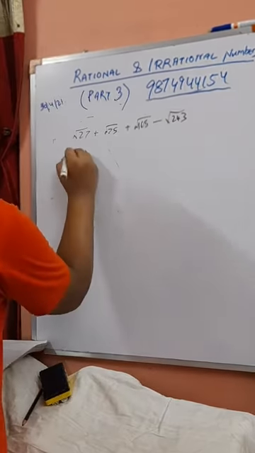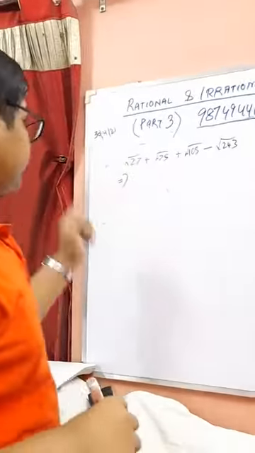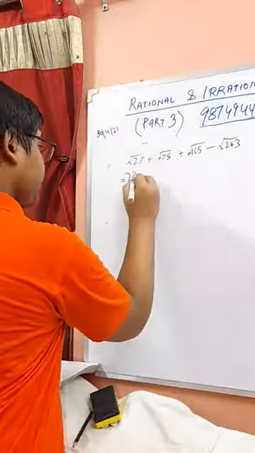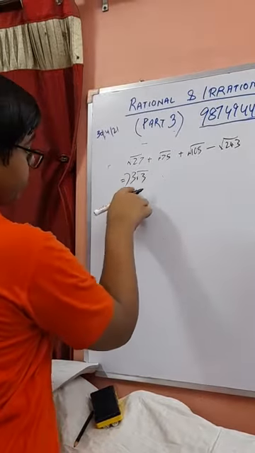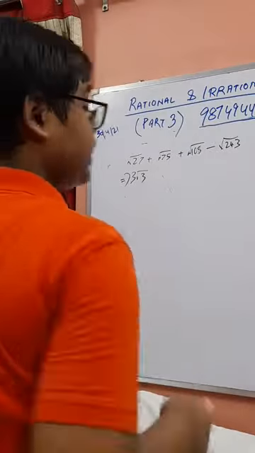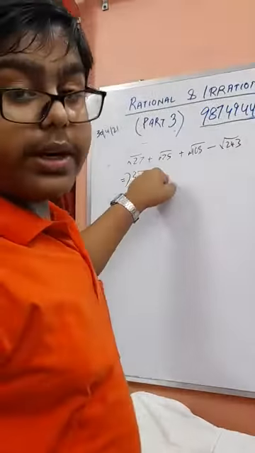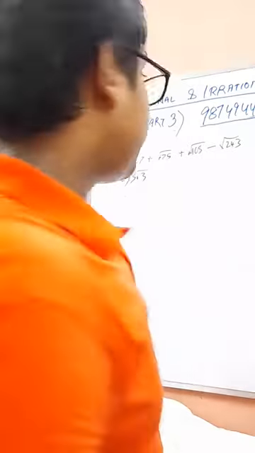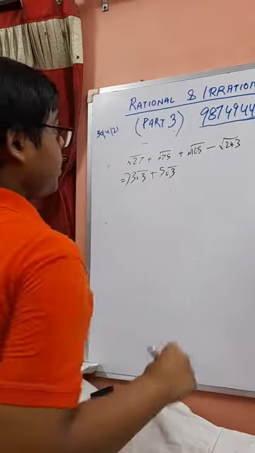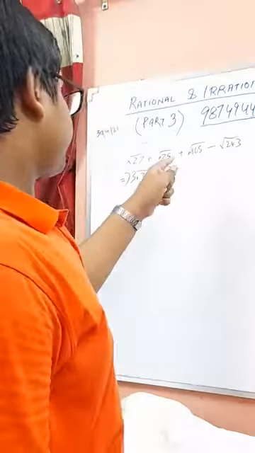Root 27 simplifies as 9 into 3, and the square root of 9 is 3, therefore 3 root 3. If this 3 goes back in, it will be 9 into 3, which is 27. Now 25 into 3 gives us 75, and the square root of 25 is 5, therefore 5 goes outside, giving 5 root 3.